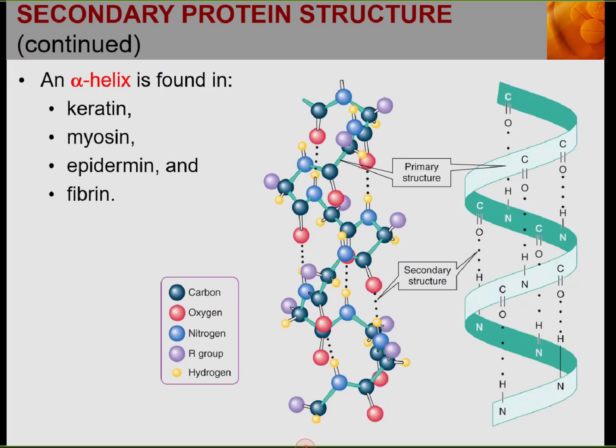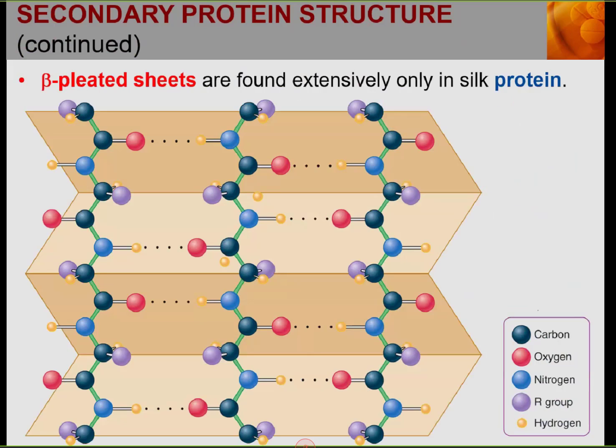I think it's easier to look at the structure on the right, and there you see that the hydrogen on a nitrogen is hydrogen bonded to the oxygen of a carboxylic group. They both should show that, but I think the alpha helix on the right better depicts that kind of hydrogen bonding. So that's the alpha helix. The beta pleated sheet, again, is a different form, but it's the same kind of hydrogen bonding.